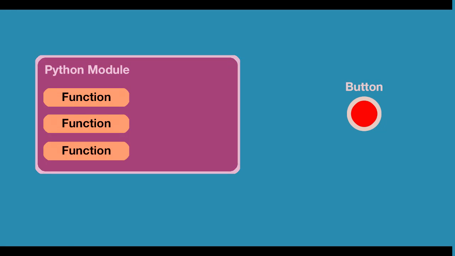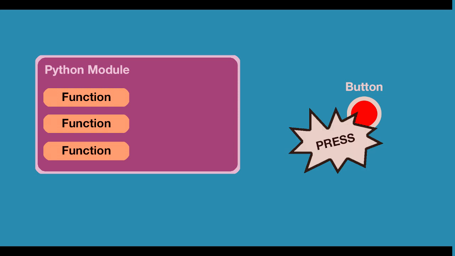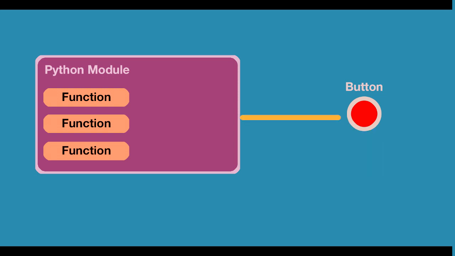We now have our buttons, our Python module, and our functions. What we want to do now is that when we press the button, we want to run a callback script to access the Python module, and from there, we want to call the functions inside it. So in this tutorial, we are going to explore 2 ways to access this function in the Python module.